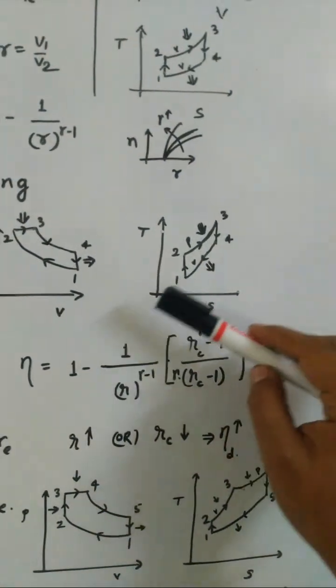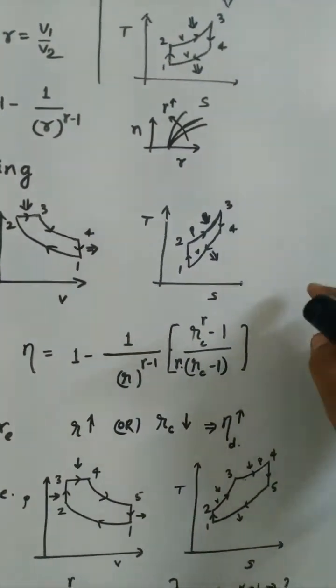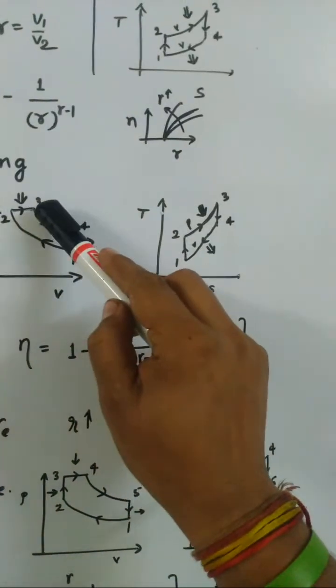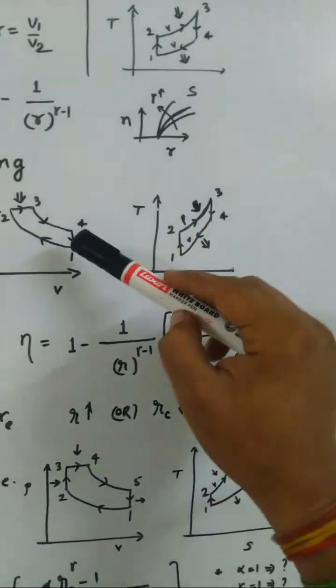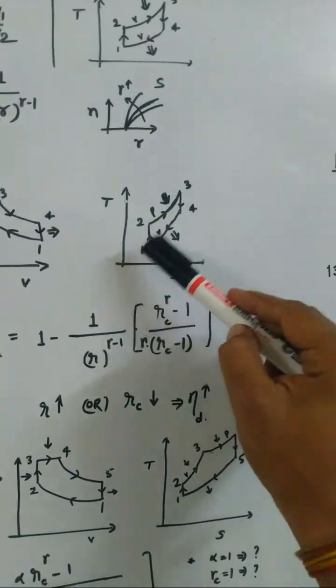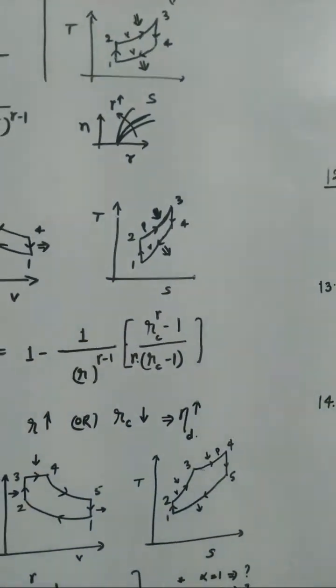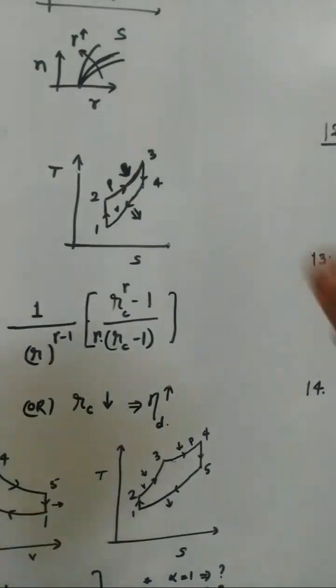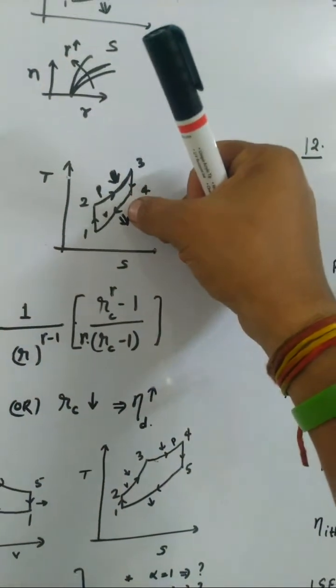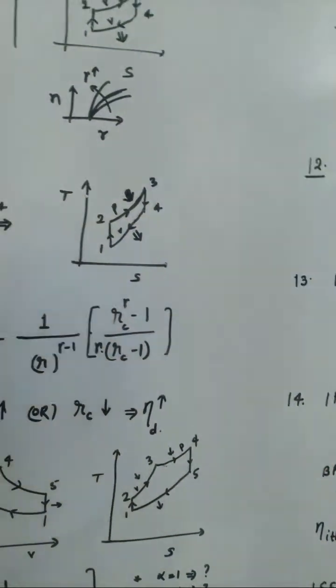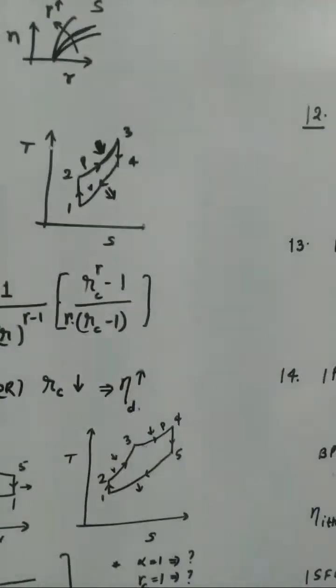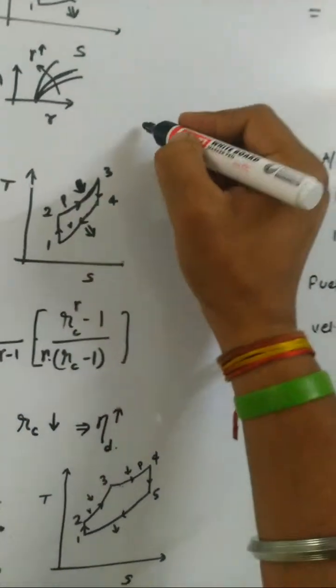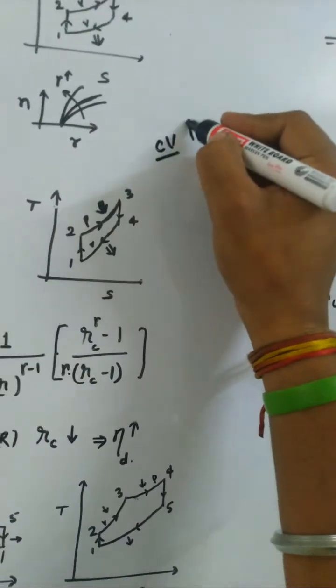So when we draw the TS diagram, the two lines 2 to 3 and 4 to 1 are not of the same slope, because this is at constant pressure, this is at constant volume. And we have to remember that the slope of the constant volume line will be more.